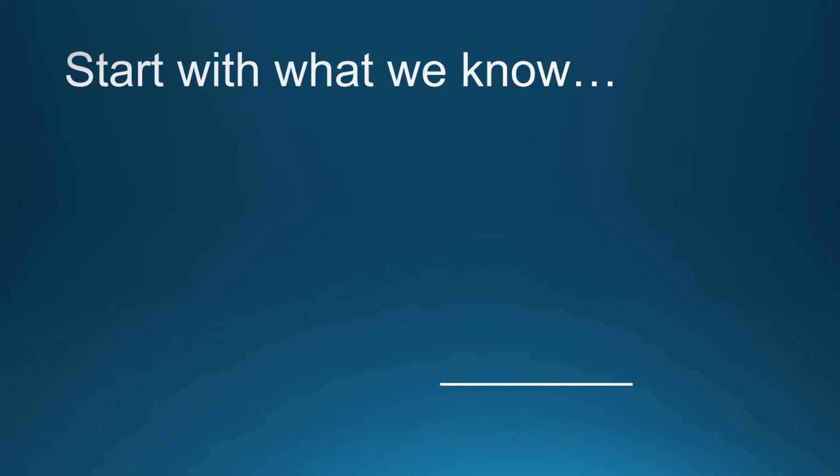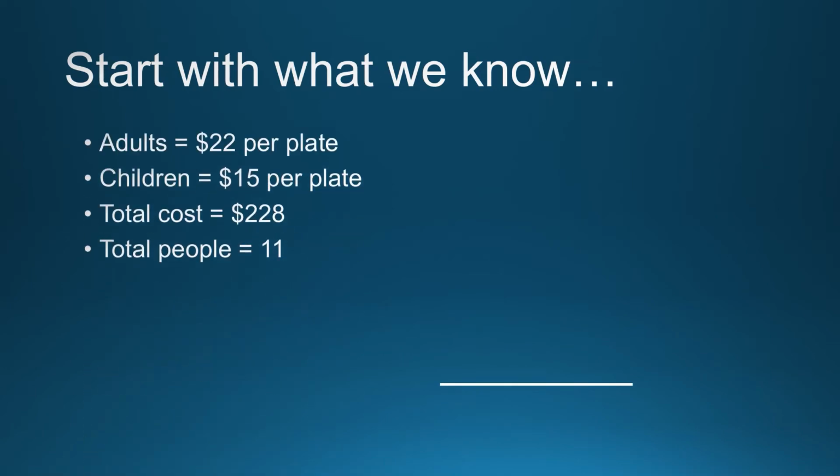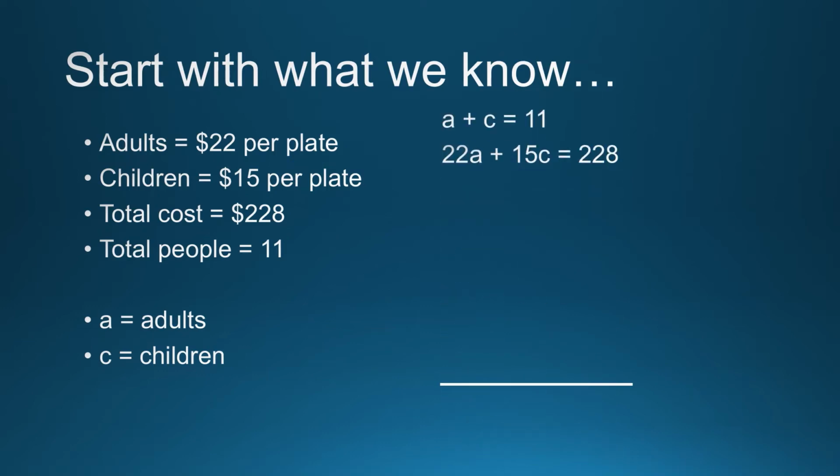Alright, so every time we've got to start with what we know when we get a word problem. What we know is adults, $22 a plate, children, $15 a plate, total cost, $228, and total people, 11. So using this information, we're going to make two equations where A equals adults and C equals children.